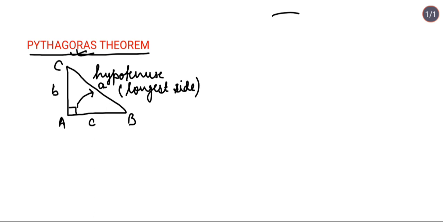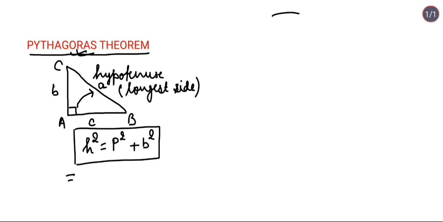Okay. Now, Pythagoras theorem says that the square of the hypotenuse is equal to the sum of the square of the perpendicular and the square of the base.